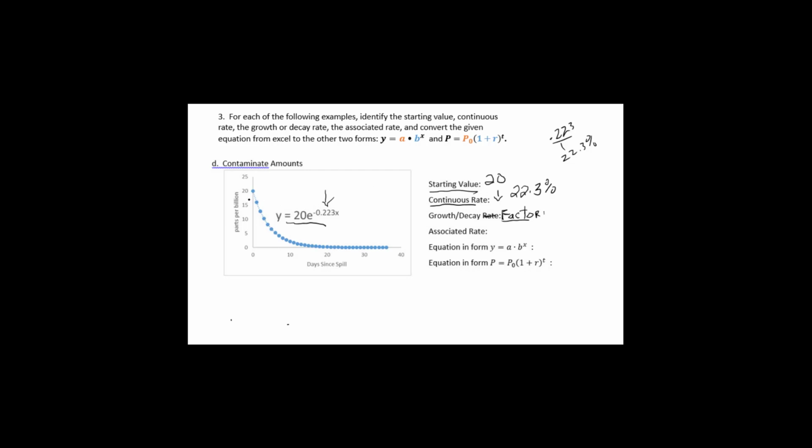Which is, in this actual problem, the days since there was a spill of contaminants, and this is the parts per billion that they're detecting in the water. So as the days go on, it's diluting the contaminants in the water, because this is an exponential decay.